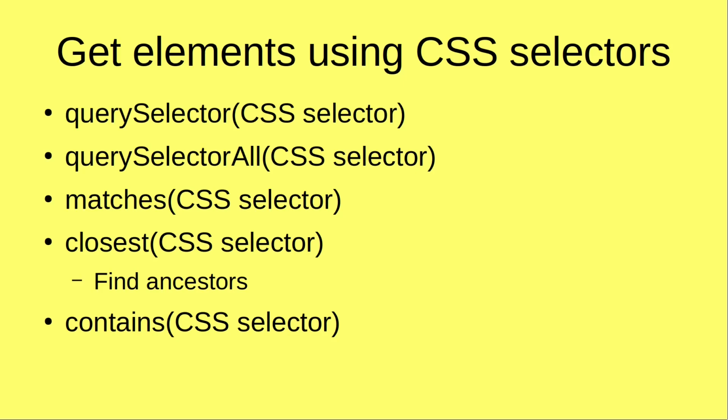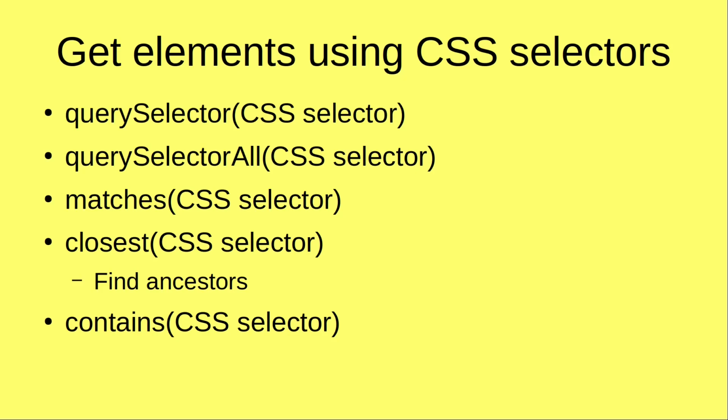In this video, I'm going to discuss the way to get elements by using CSS selectors. There are a number of ways to depend on the CSS selector to get the elements. First, we have the querySelector, and then I'm going to introduce another one called querySelectorAll.